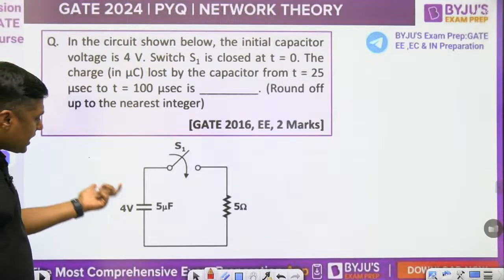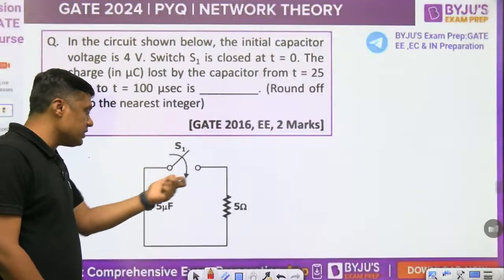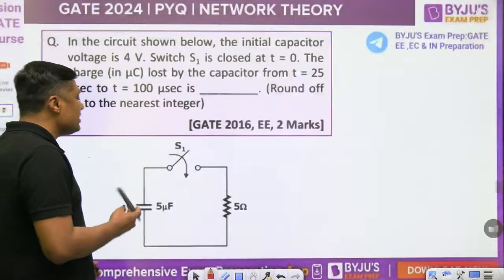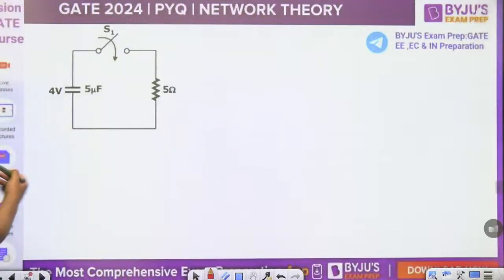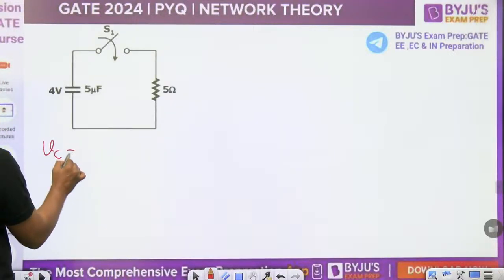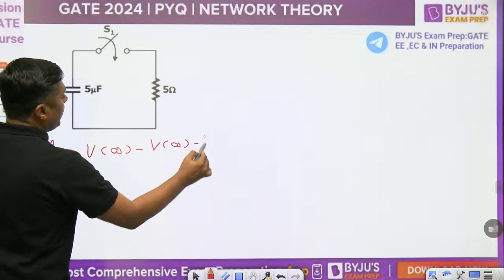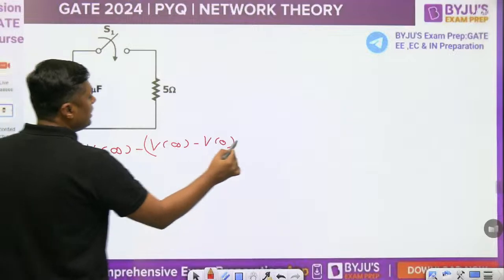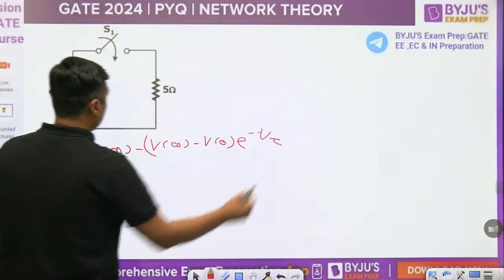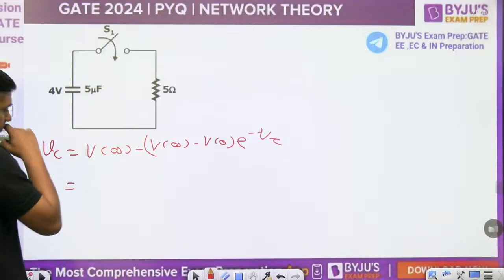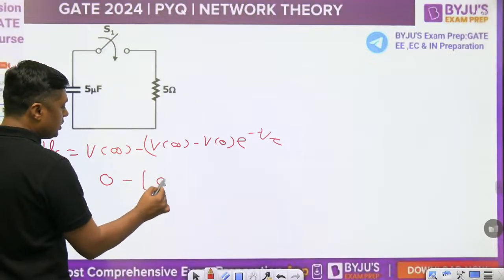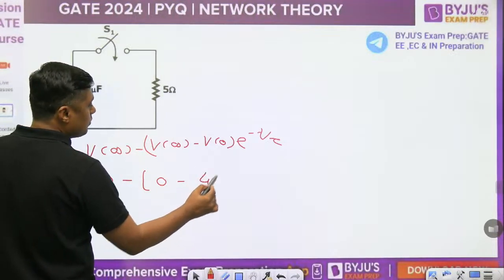Now what is the time constant of this circuit? Once it is closed, remember in a source free response, the final voltage is 0. So what is the voltage across the capacitor? V final plus (V initial minus V final) e raised to power minus t by tau. What is the final voltage? 0, because it is source free. What is the initial voltage? 4.